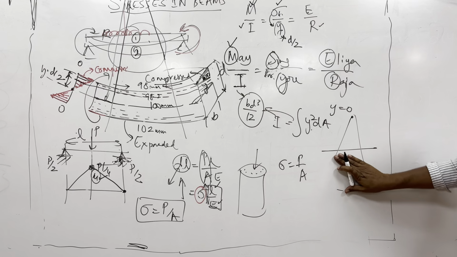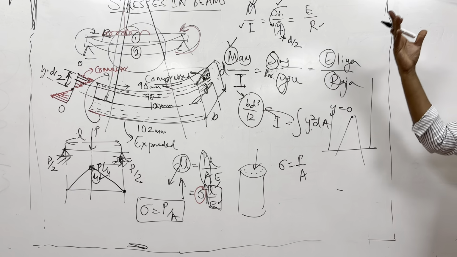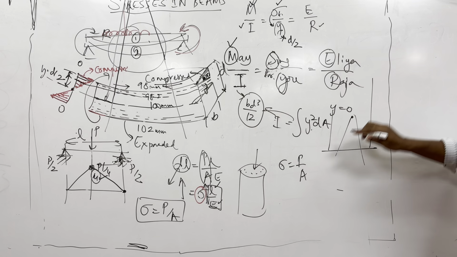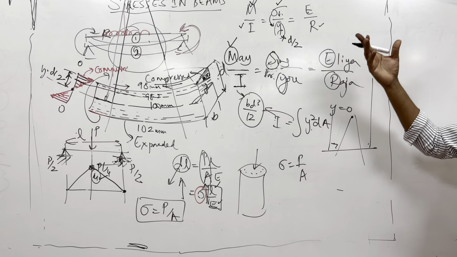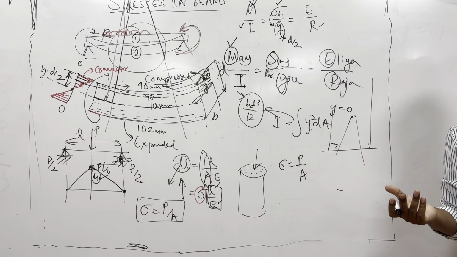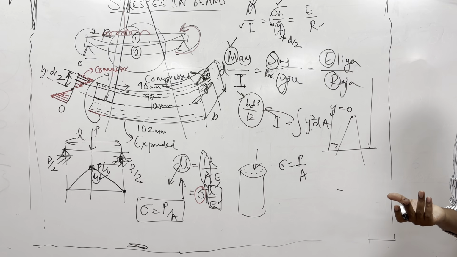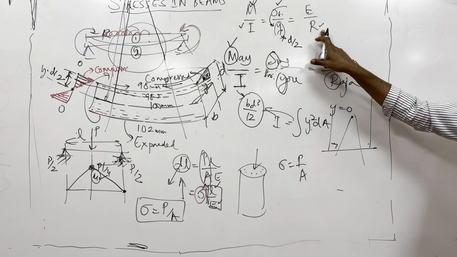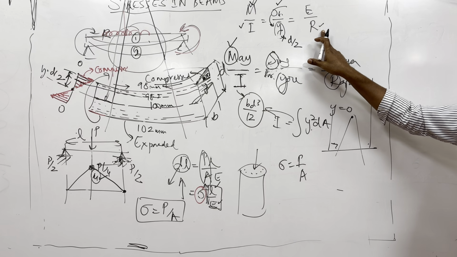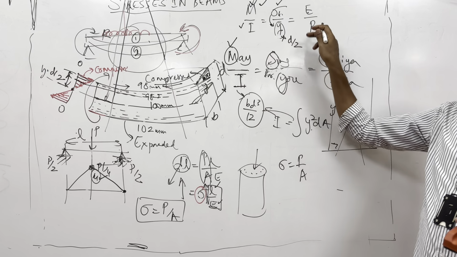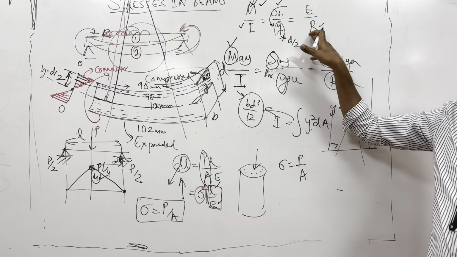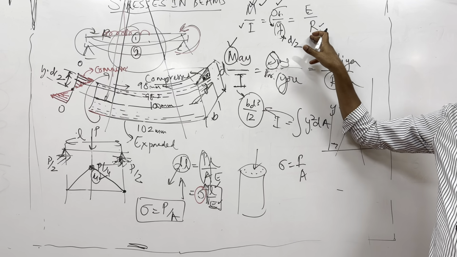If it is a straight line, these perpendiculars will meet at infinity. So R is infinity when the beam is straight, but when you start to bend, it will have some value, and with the increase in moment, this radius of curvature starts to decrease. It is the reason it is at the bottom side of the equation.